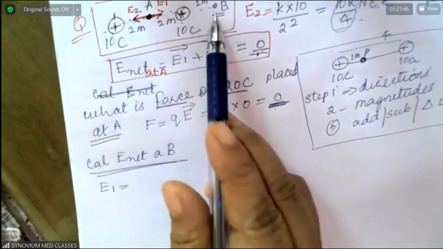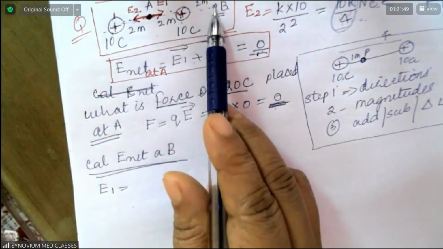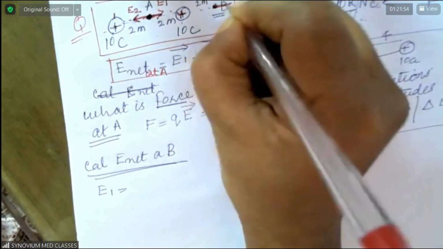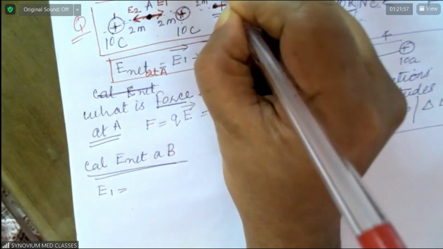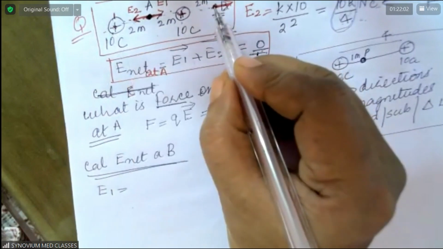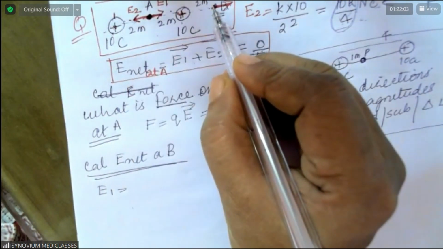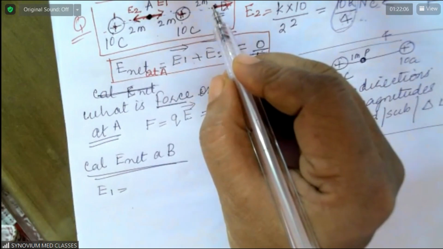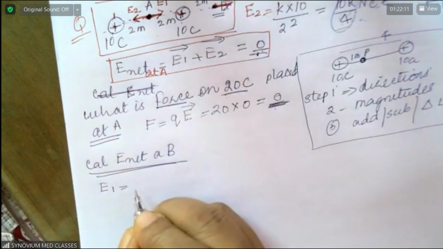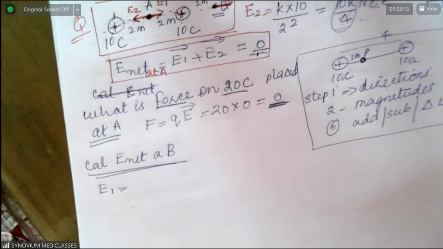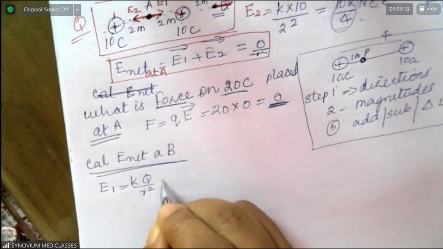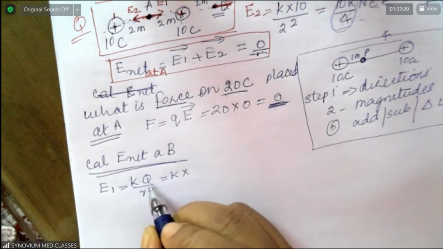This is positive, this is positive. So this is in which direction? Positive, positive, in this direction, right? This is E1, to the right. Because this is positive, and at this point you have to assume that there is a positive charge of 1 magnitude kept. So the force here is E1 to the right. What is the magnitude? KQ by R square, which is K into what is Q?